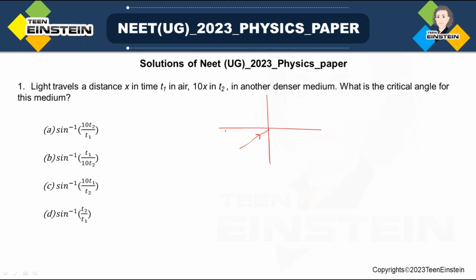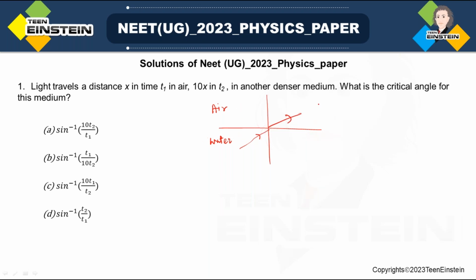Critical angle means total internal reflection comes here. So light is traveling from denser to rarer medium. So here it will be like this. Anyway, what is given is that the speed of light in air is given.